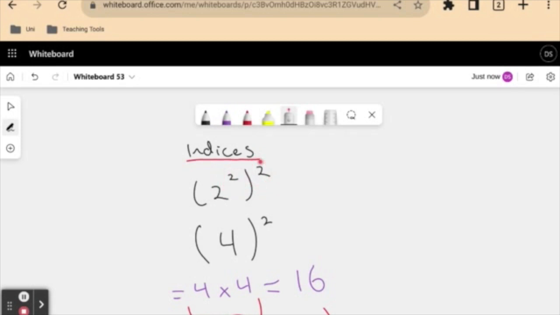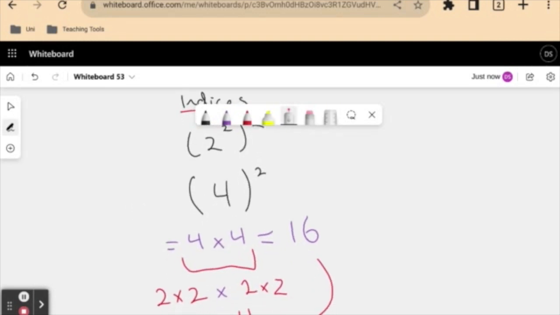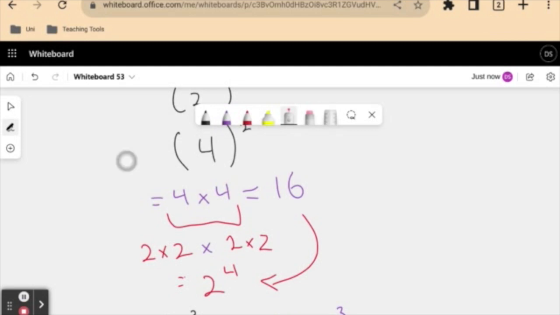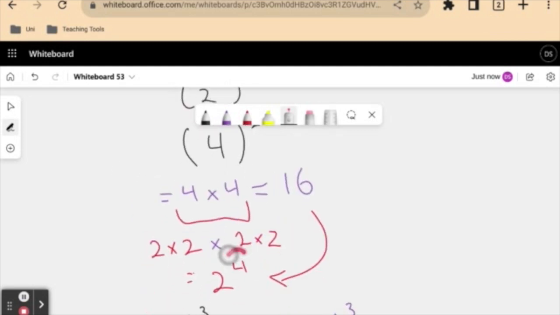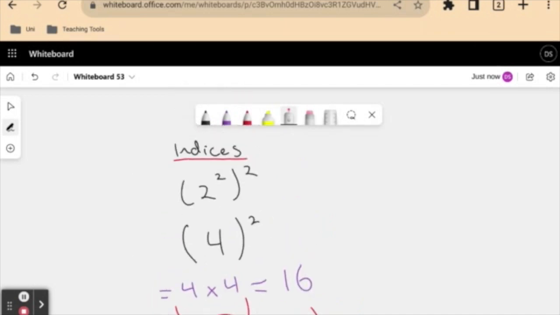So when we have some indice all squared, so this entire, I've written brackets here on purpose because I'm finding this first and then squaring the answer, I get some answer which has the same base and a power which is the product of the power of the power.